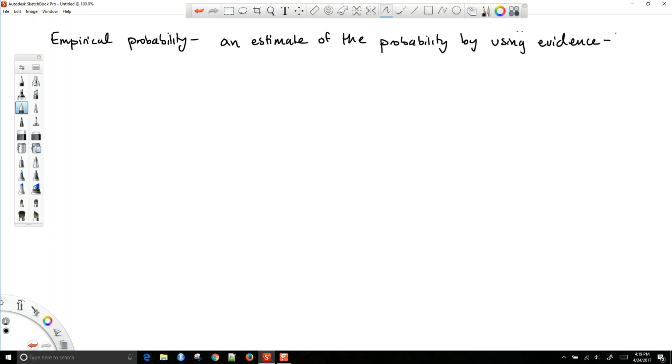Or in this case, actual data, so the relative frequency from actual trials or simulations of trials.